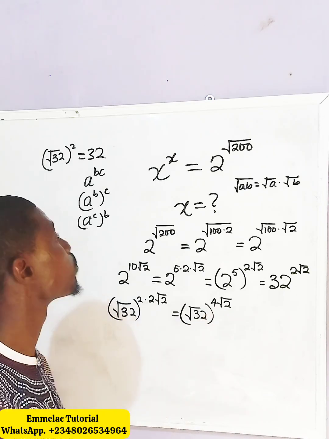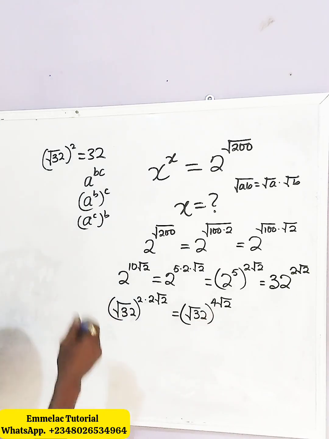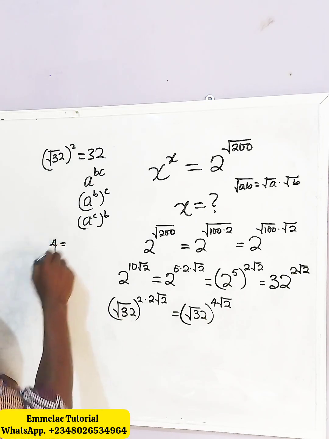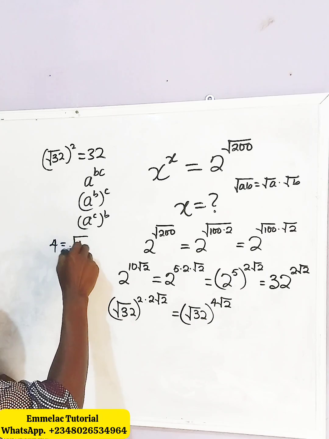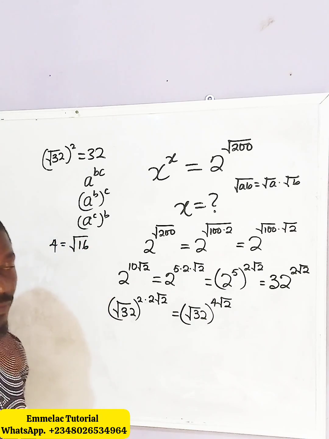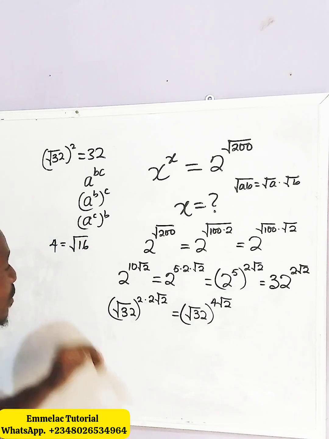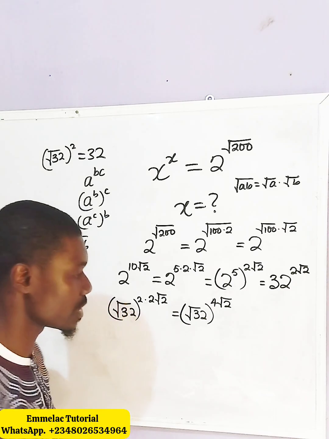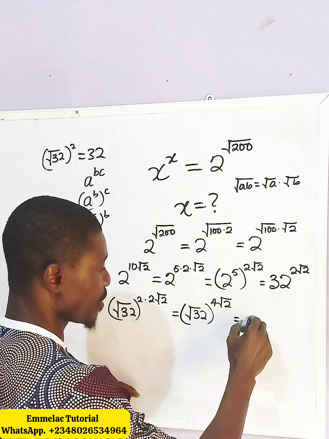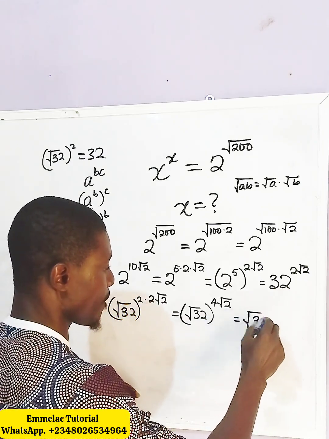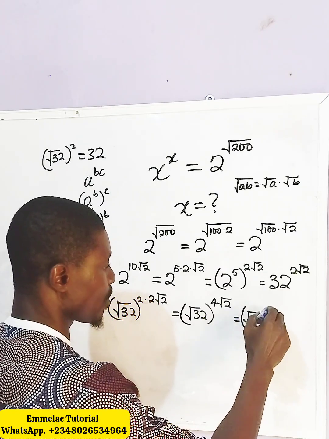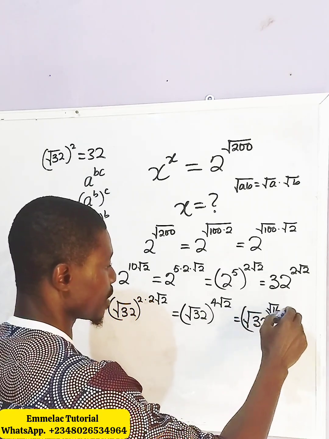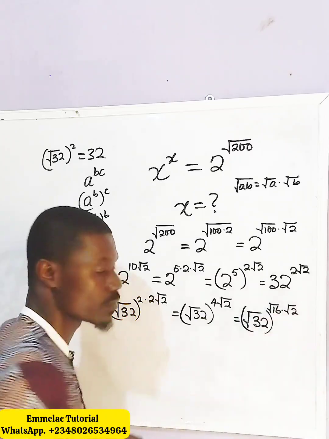So at this point, our 4 can also be the square root of 16. Now let us replace our 4 with the square root of 16. So here we have the square root of 32 all raised to the power of the square root of 16 times the square root of 2.